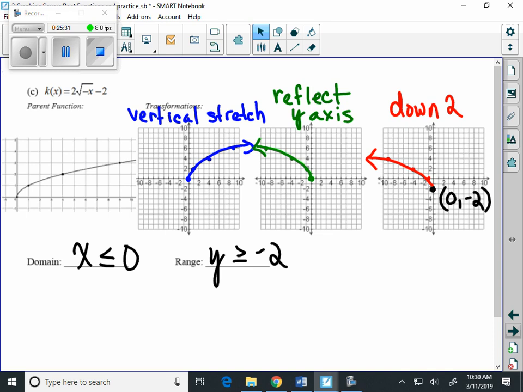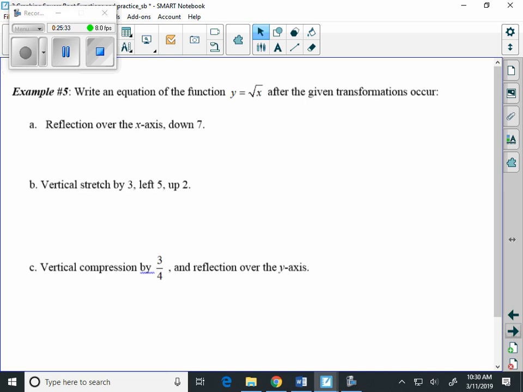As we finish here, this should look remarkably familiar from the graphing quadratics unit again. Can we use our transformations to write down what's happening here? Our parent function is y equals the square root of x instead of y equals x squared.